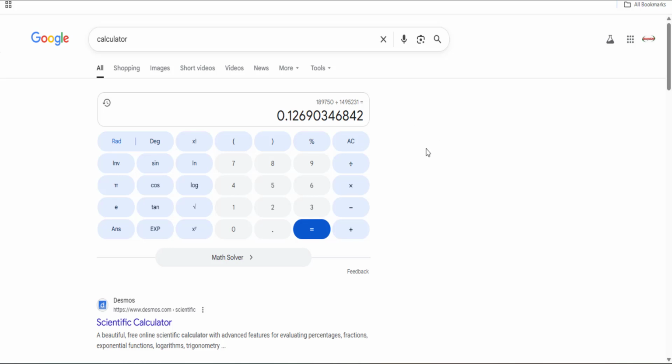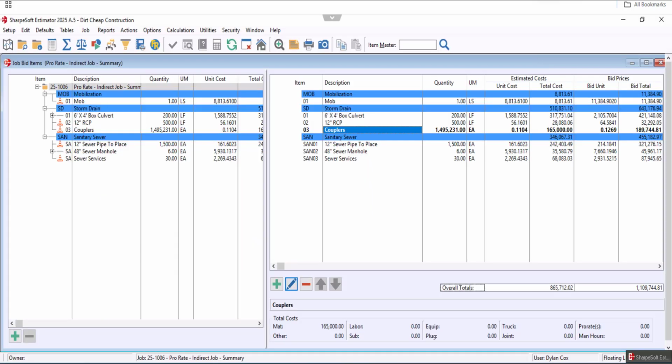To find the final price for our bid unit, we multiply this number back into the quantity of the item. So we multiply 1,495,231, which gives us 189,750. But if we go back to Estimator, we can see that our bid total for the couplers is about $5 off.